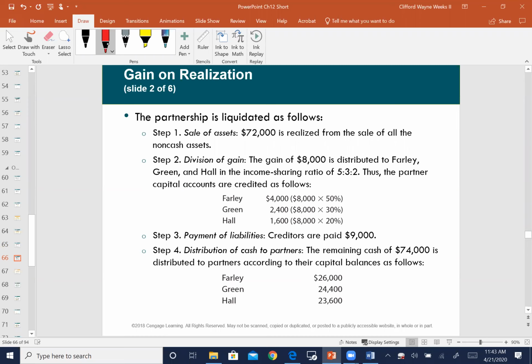Then we're going to divide that based on their partnership agreement. We're going to pay off what we owe, and then we're going to distribute the remaining $74,000 to the owners, not based on the partnership agreement, not based on the 5-3-2 ratio, but on their capital balances.